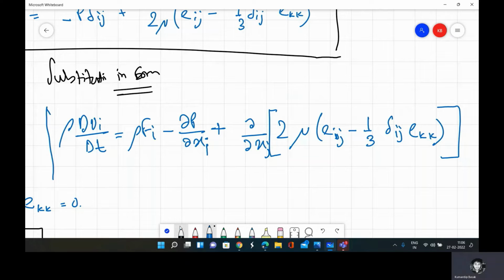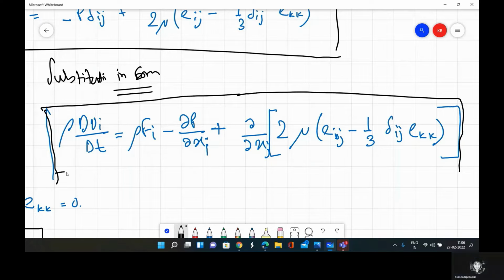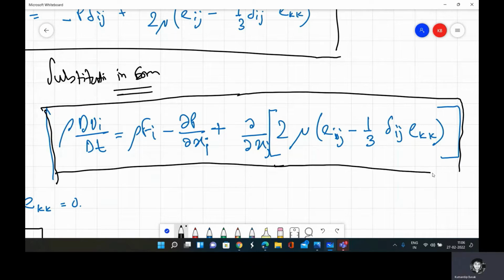This is the total expression. What are we getting for the equation of motion, substituting all of the stress tensor notations, the surface force and volume force, expressing everything in local velocity gradient?